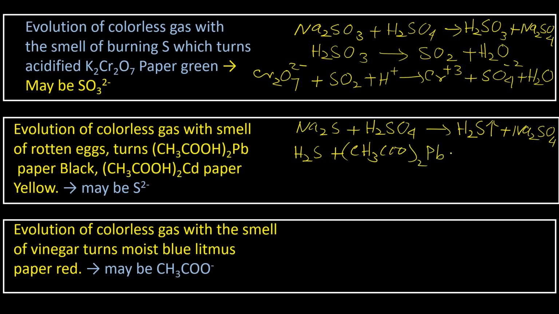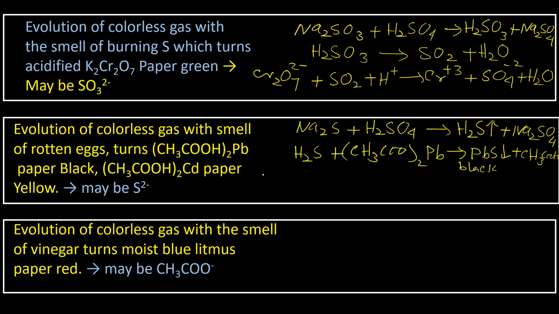Then you will get the black precipitate of lead sulfide. This is black. Plus here you will get the acetic acid, CH3COOH. Okay.